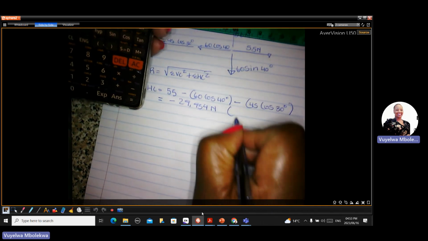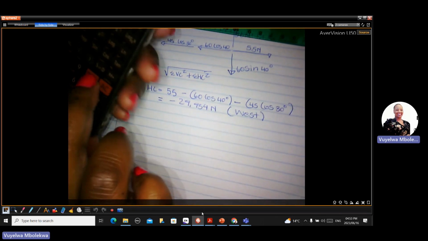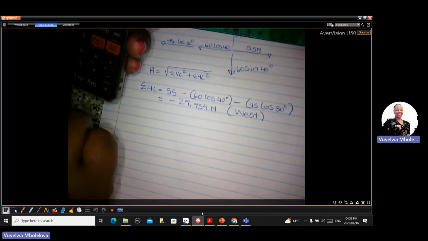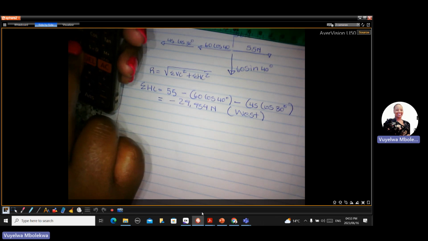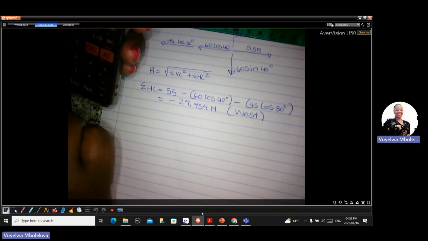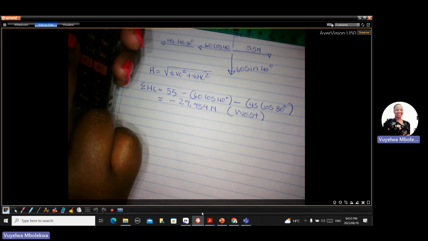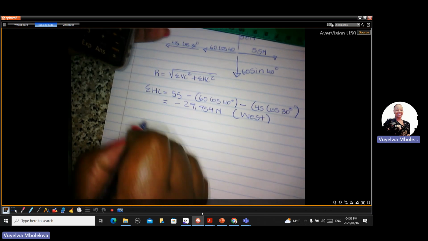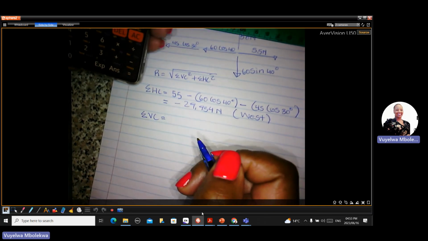Because it's negative, we say it's going west and we write down west. Let me just quickly double check it, because I just wrote the first answer that came, and that is not wise. You must always double check your answers. I'm getting the same answer, so I assume it's correct.